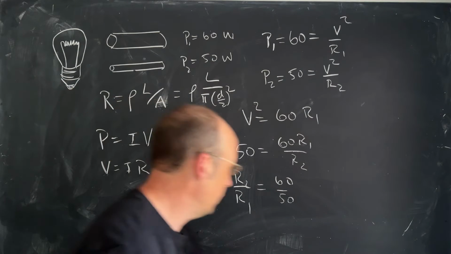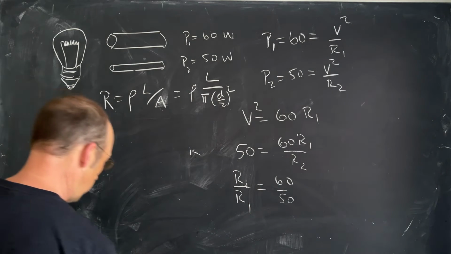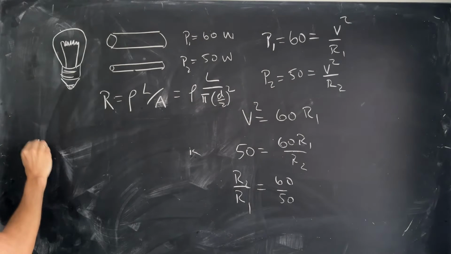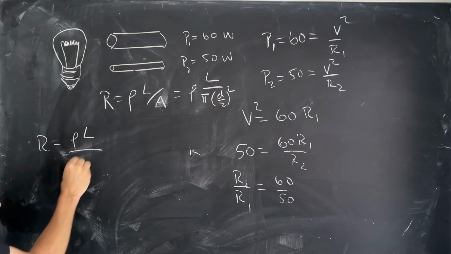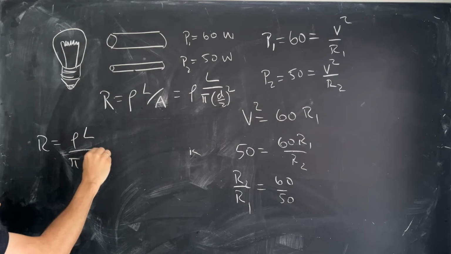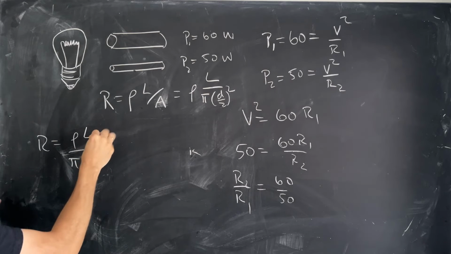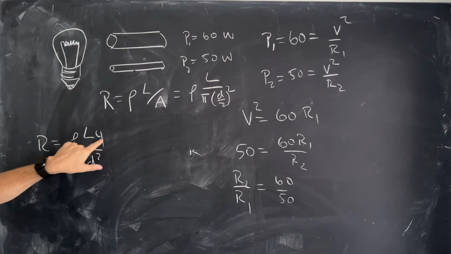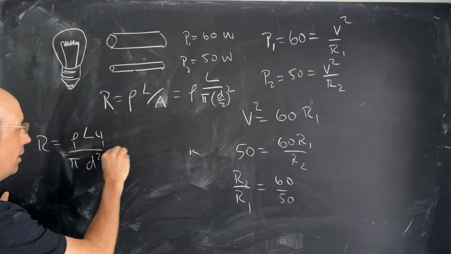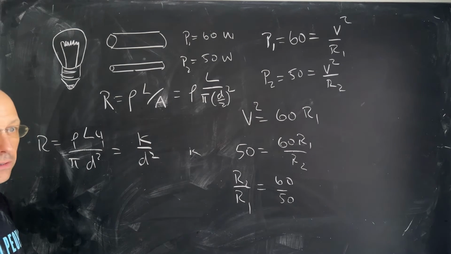So I can write this as R equals rho L over pi d squared, times 4 on the top. Now, the key thing here, constant, constant, constant, constant. So this is just k over d squared, where k is just some constant.